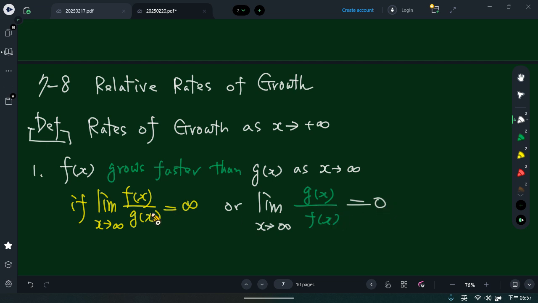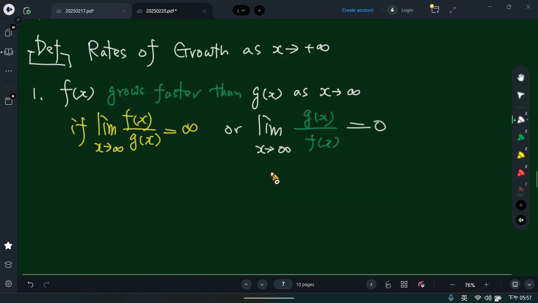If we meet either requirement, we say f(s) is growing faster than g(s).